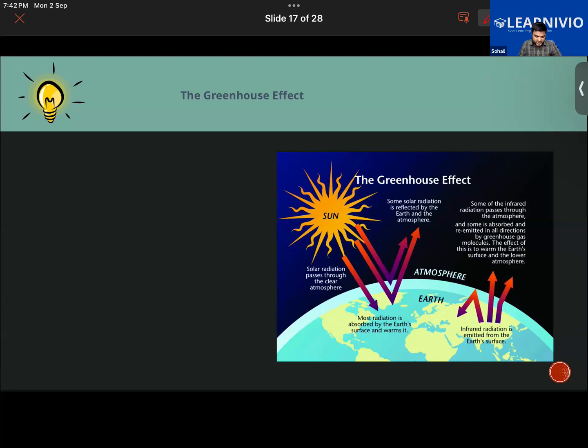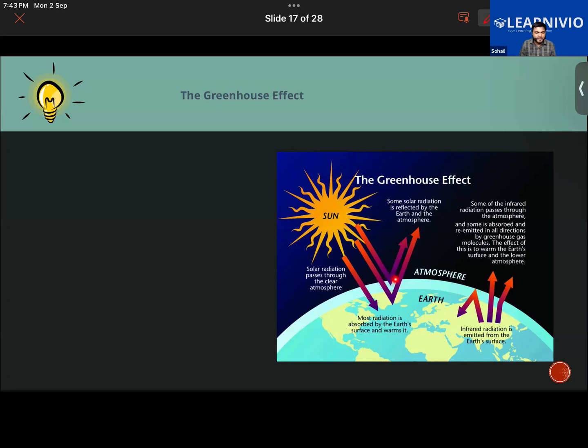Getting it? Some of the radiation gets reflected back into space, while some of it is trapped inside the Earth's atmosphere. This is possible because of the presence of greenhouse gases like carbon dioxide, methane, and chlorofluorocarbon that can trap the heat of the sun.